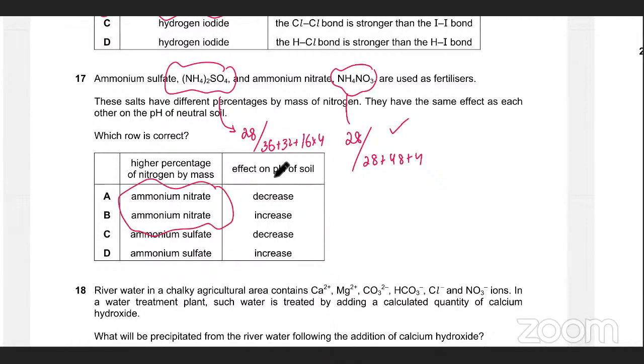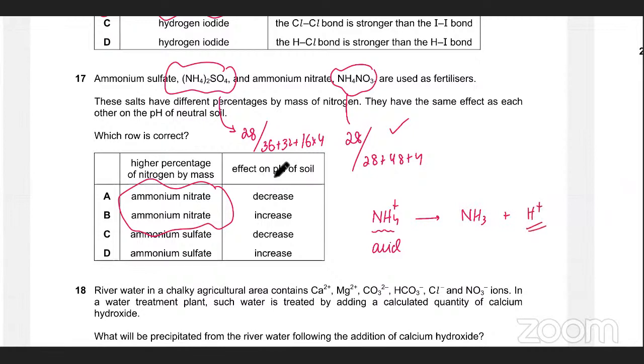What would be the effect of NH4 plus on the pH of the soil? Now, NH4 plus, remember, is acidic. It's a conjugate acid, a Brønsted-Lowry acid, because whenever something has NH4 plus, it's capable of producing ammonia gas and losing an H plus ion.